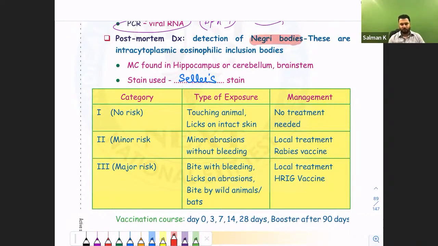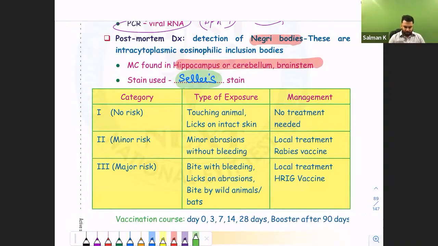Negri bodies are seen in the brain in three parts: hippocampus, cerebellum, and brainstem. And for the Negri bodies, you need to use a stain called Seller's stain. Okay, the stain to be used here is which one? Seller's stain. Please do remember this keyword right now.